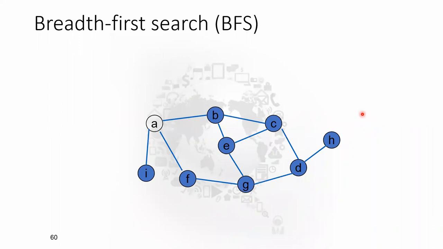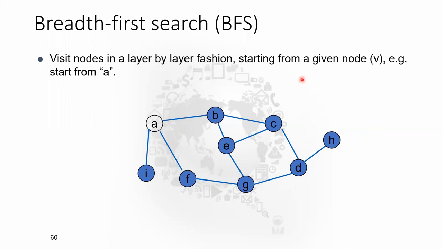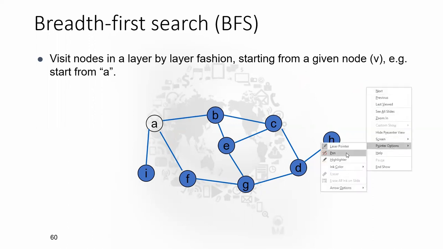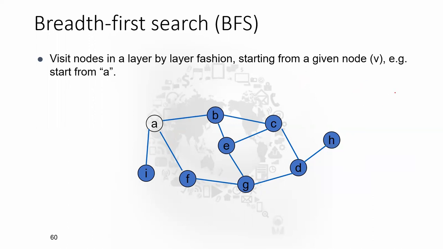Just now, for the depth first search, we go as deep as possible, right? So here, we don't go as deep as possible. We go level by level. So how do we determine level by level? In a tree, you can determine level by level because it is hierarchical.